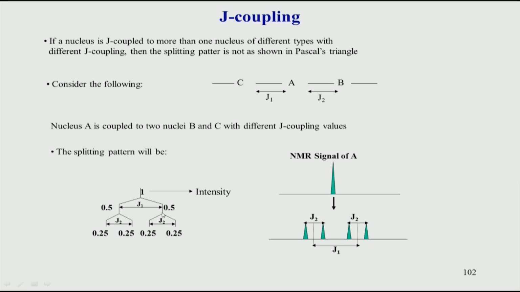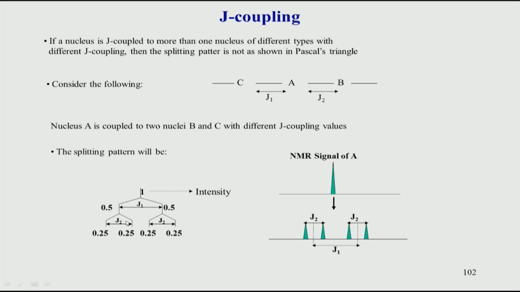Similarly, this peak which was split because of J1 gets further split into 2, and you can see here the splitting distance is now J2. The main point here is these two central lines. In the earlier slide we saw that they collapse, they combine and become 0.5, but here they remain separate, and the reason they remain separate is because the J1 and J2 values are not the same.